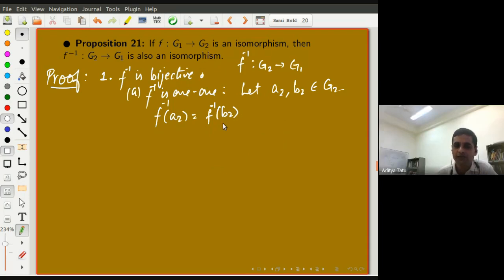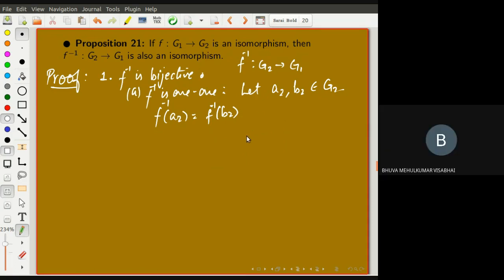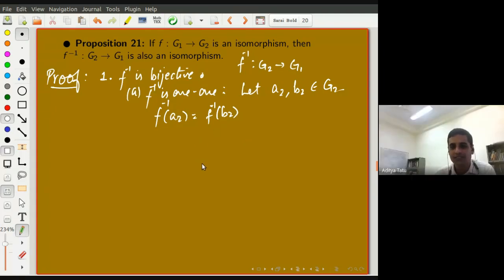F inverse A2, F inverse B2 is in G1. But sir, F of F inverse X is equal to X from the inverse definition, for all the functions. Yes, so I'm not saying what we wrote was incorrect, but I just want to clarify you cannot multiply by F of B2 here. These are elements in group 1.